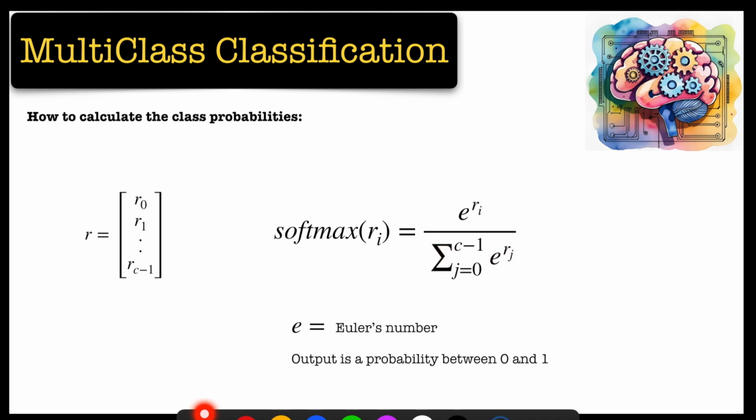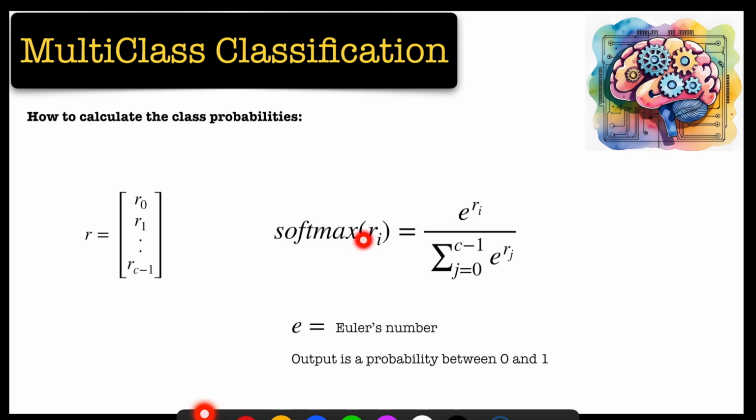If you see this summation part, j equals 0 to c minus 1, basically we are considering all the c values. For all the c values, we are computing e raised to the power Rj. We are taking the summation, and that is the denominator. And the numerator is e raised to the power Ri.